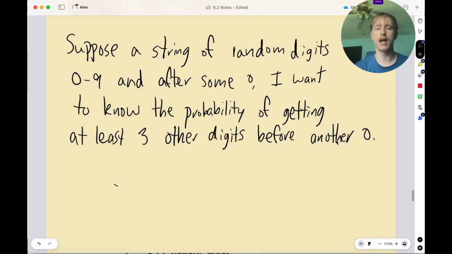Okay, so blah, blah, blah, eventually we get a 0, and then I need at least 3 other digits before I get my next 0. What's the probability of that occurring? Okay?